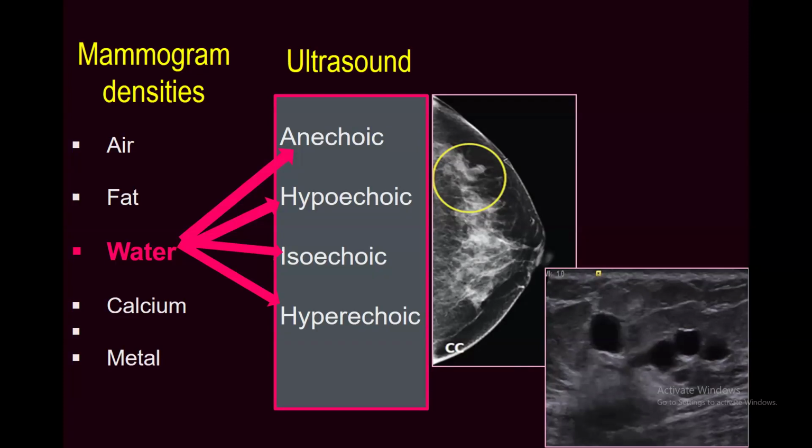Corresponding to this water density on mammography, we can find anechoic, hypoechoic, isoechoic, or hyperechoic ultrasound lesions, as seen in these examples. This is a soft tissue or water density lesion on mammography. Corresponding ultrasound demonstrates a cluster of cysts.